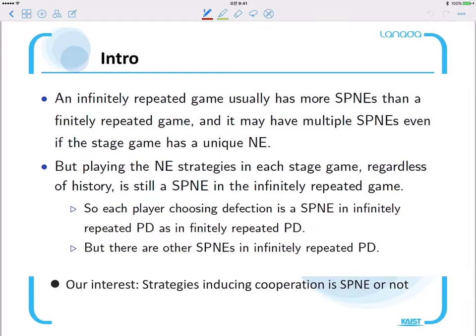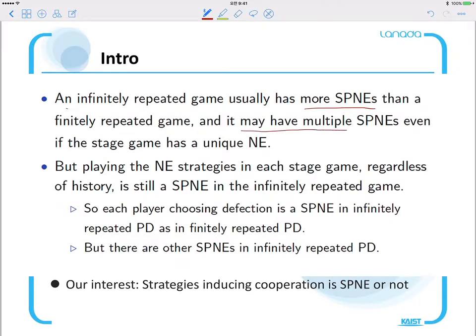Let me give you some intro about the repeated game. An infinitely repeated game usually has more subgame perfect Nash equilibria, which is pretty different from the finitely repeated game, where the subgame perfect Nash equilibrium is just play D D D D D. But we have many other interesting strategies that are actually subgame perfect Nash equilibria.